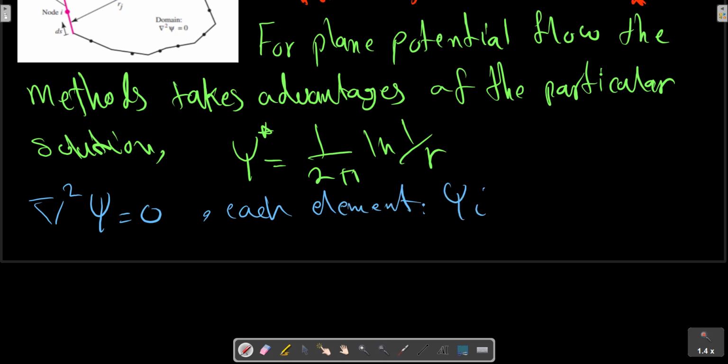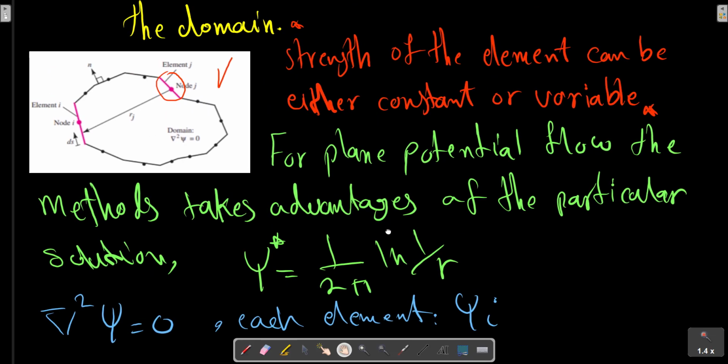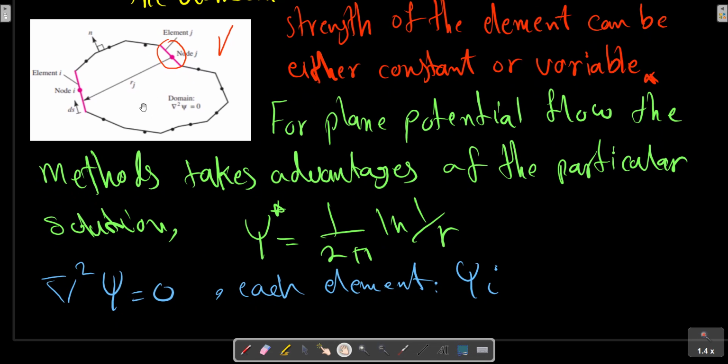As shown also in this picture, each element has the strength psi i.